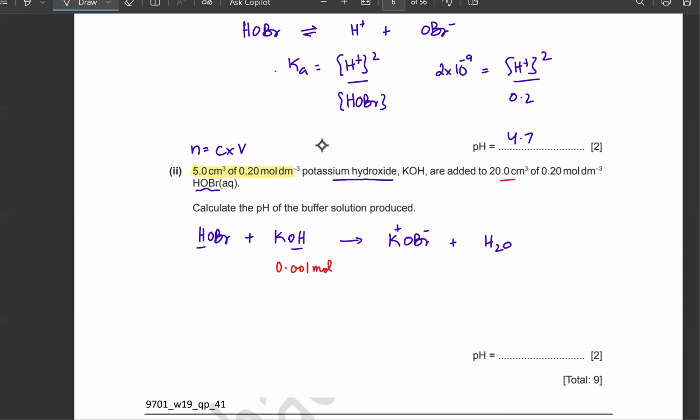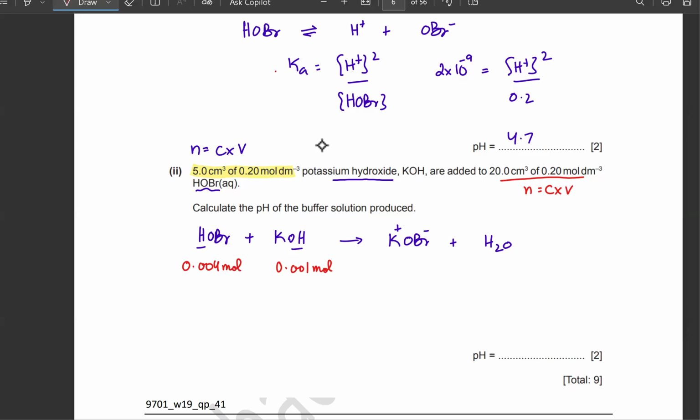How many moles of HOBr do you have? Same concept, 4 multiplied by 10 to the power minus 3. Okay, so that's 0.004 moles, right?